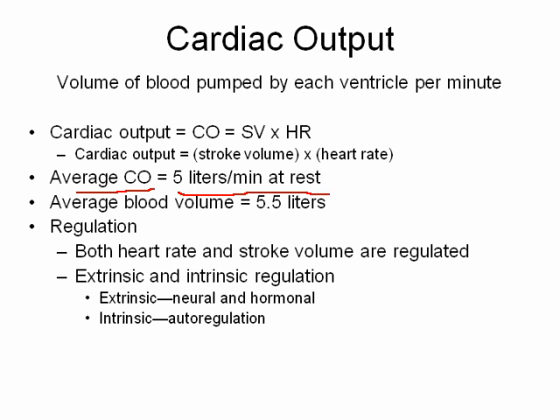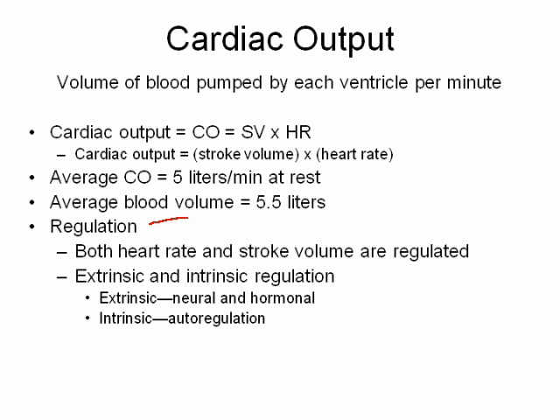Average cardiac output is about 5 liters per minute at rest. The average amount of blood volume in your entire circulatory system is 5.5 liters. So in 1 minute, almost all of the blood in your entire cardiovascular system is circulated throughout the system and is pumped through the heart.